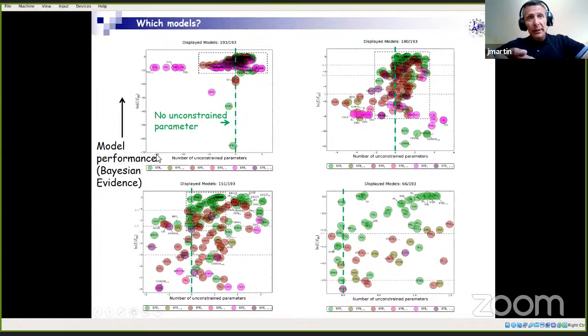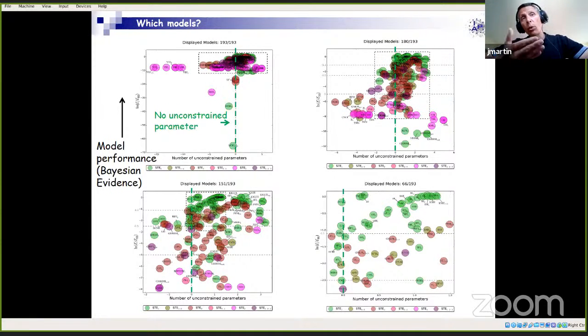And on the horizontal line, I have put the number of unconstrained parameters, which is also known as Bayesian complexity. So this is a quantity which allows you to break a degeneracy that exists in the Bayesian evidence, in the sense that you can have two models with the same Bayesian evidence, but with totally different number of parameters, provided some of these parameters are not constrained by the data.